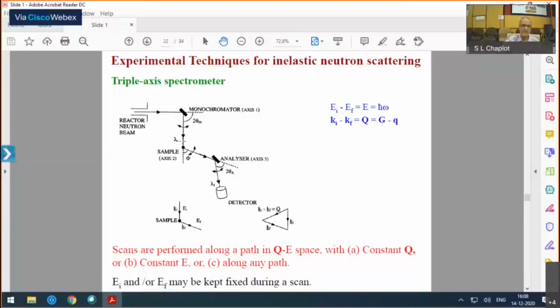It's mostly rectangular, 4 or 5 centimeter in size. With a focusing monochromator, it may be down to 3 centimeters. So the typical beam size is of the order of centimeters. That's one. And so you need to use samples which can make use of the full beam. So you will end up using maybe about 10 cubic centimeters of the sample, or smaller than that, depending.